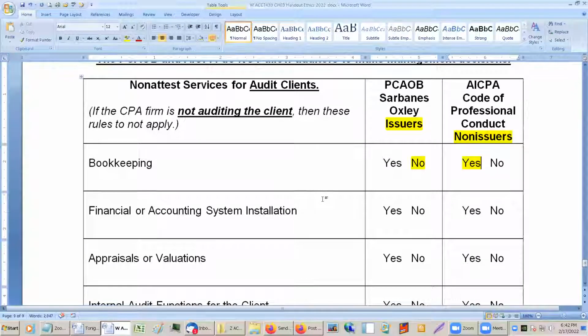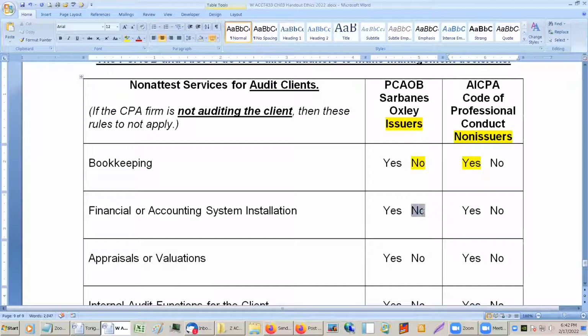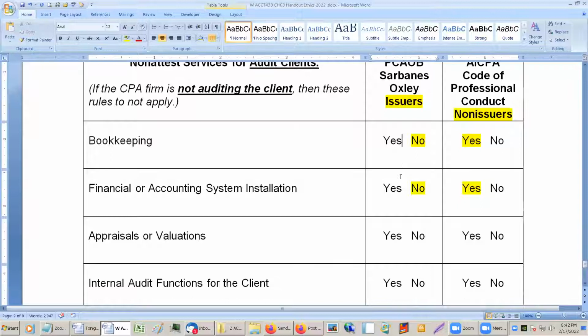Financial accounting system installation. No. AICPA? Yes. It used to be routine to the point of automatic that when a company needed a new accounting system, the CPA firm would install it.